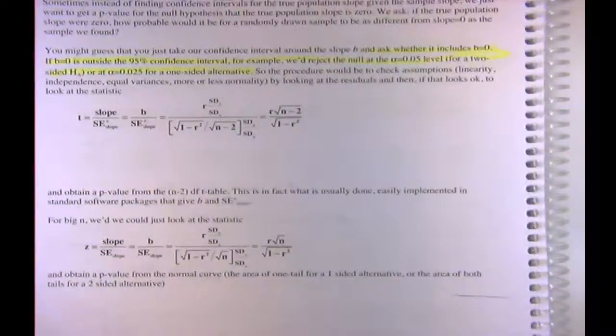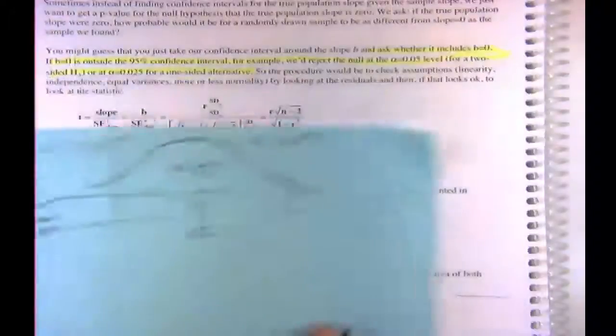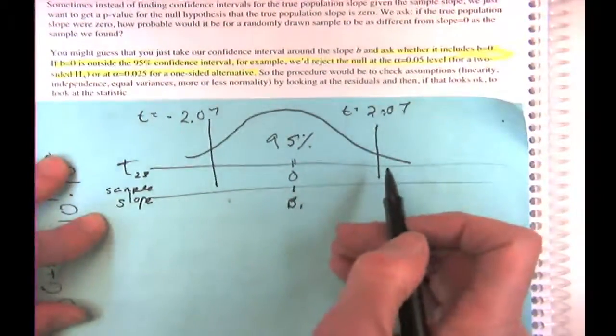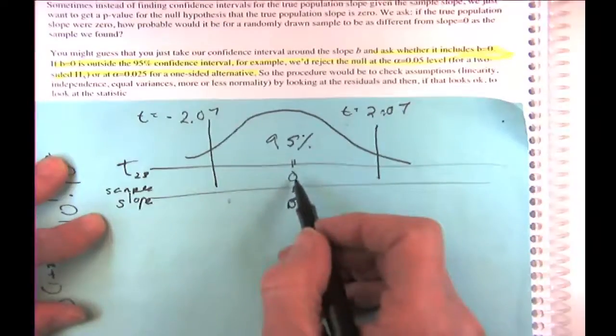So now we get back to the page, and what are we thinking? We should take out our picture again. What if it was outside?